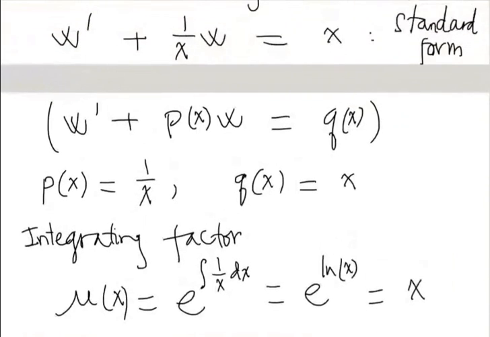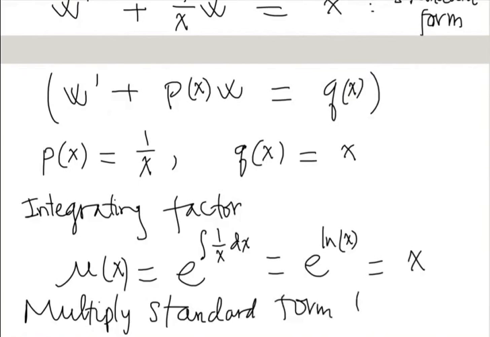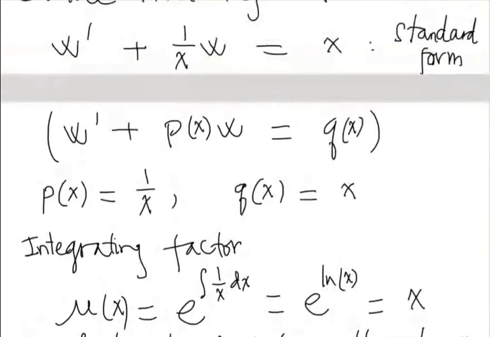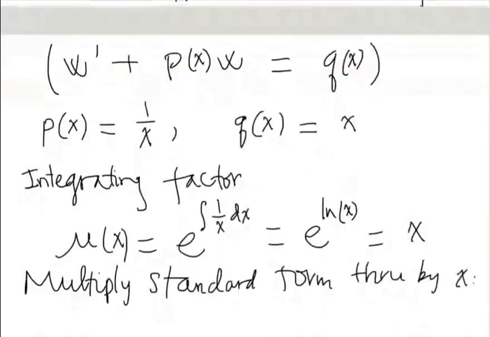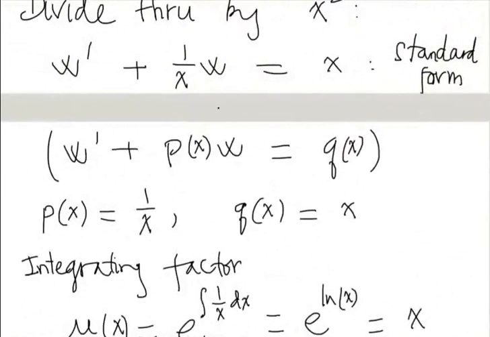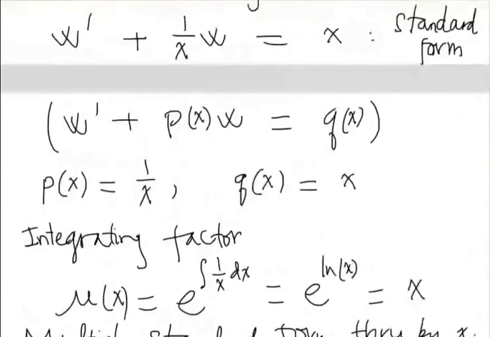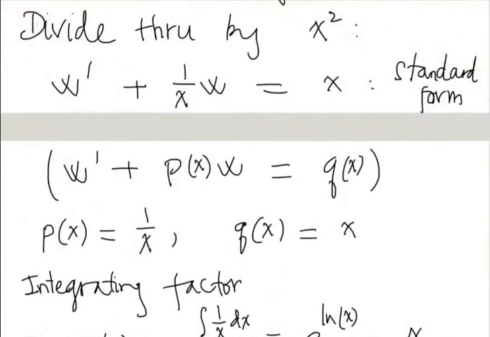Now we multiply the standard form through by the integrating factor x. Multiplying each term by x, we have x times w prime plus w equals, don't forget to multiply on the right hand side, x squared.